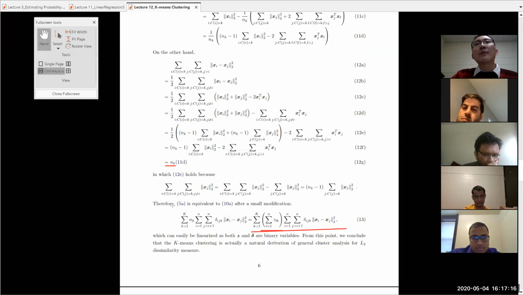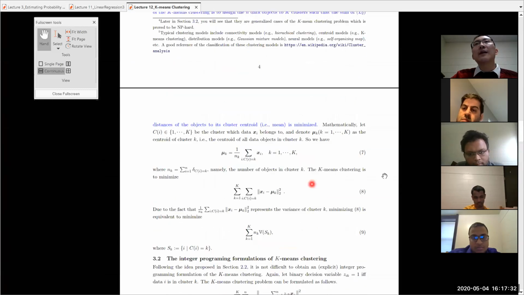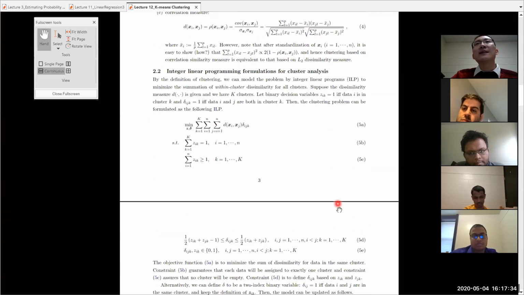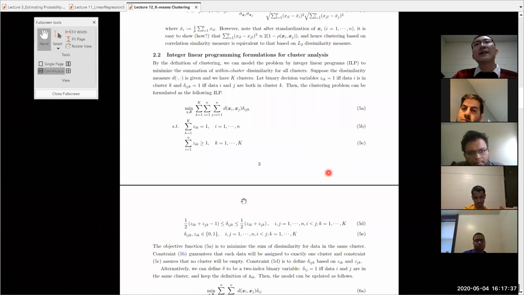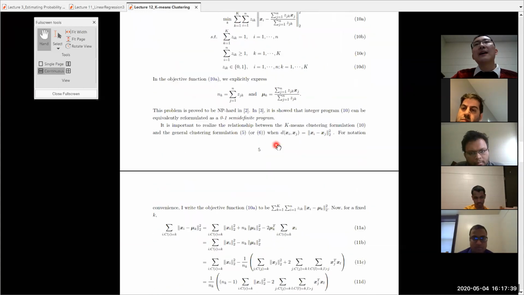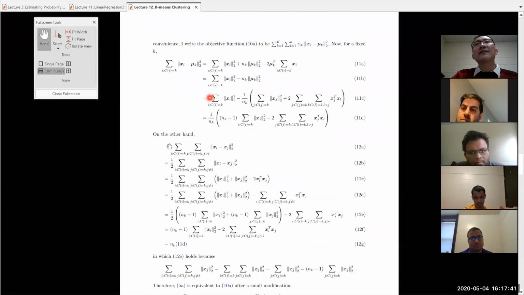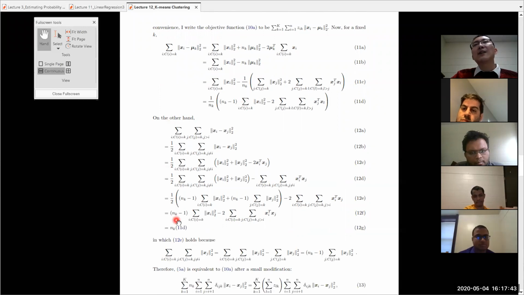This part is actually in the form of 5A. That's why, if you ignore this coefficient NK, they're equivalent. See it? And that's the reason why I said just now that we may directly formulate problem 5 or 6 as a 0-1 SDP using this idea: expand the matrix form this way instead of that way.